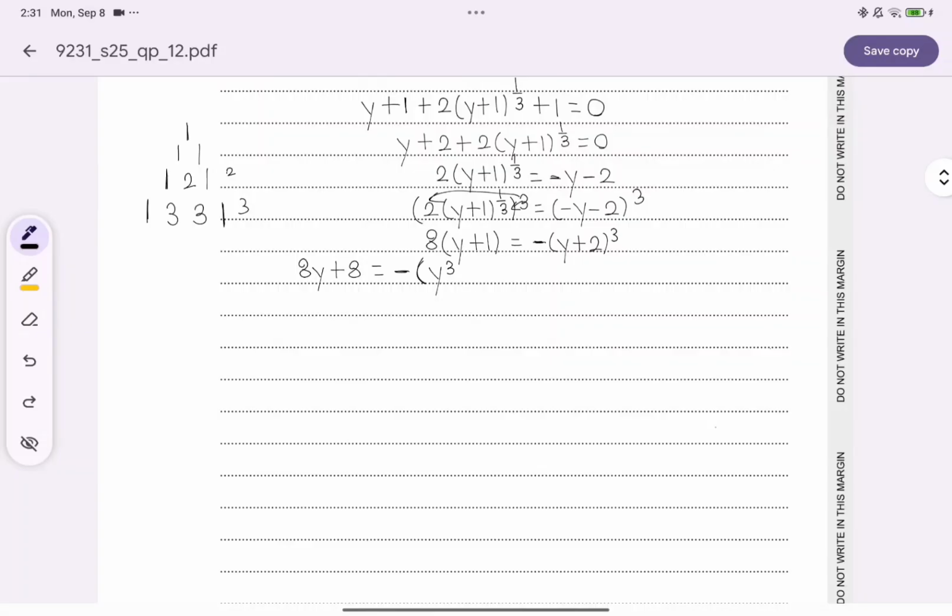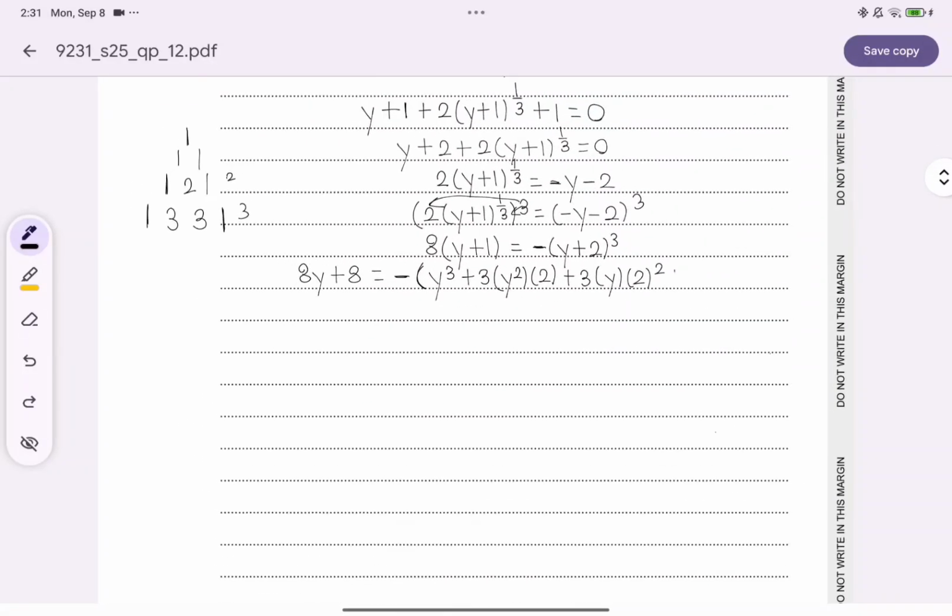So let's use that. For our second term, the coefficient would be plus 3 times y squared times 2. And then the third term would be plus 3 times y times 2 squared. And then the fourth term, the coefficient would be 1, so it would just be times 2 cubed.